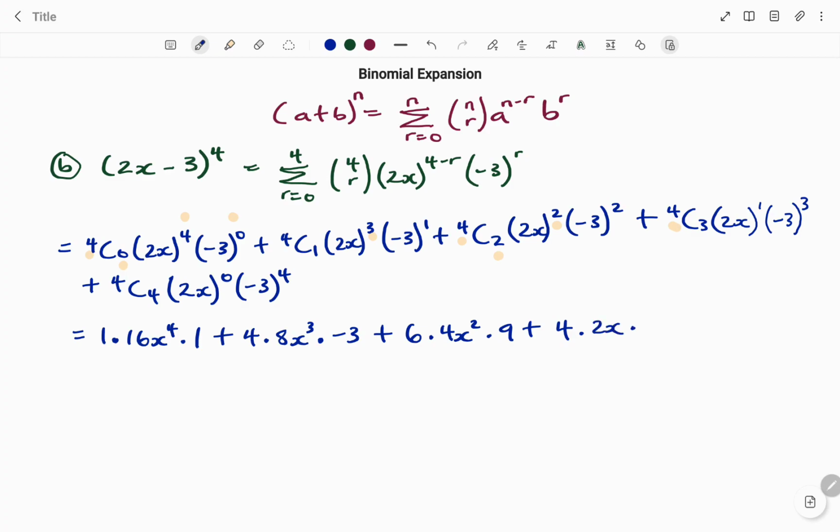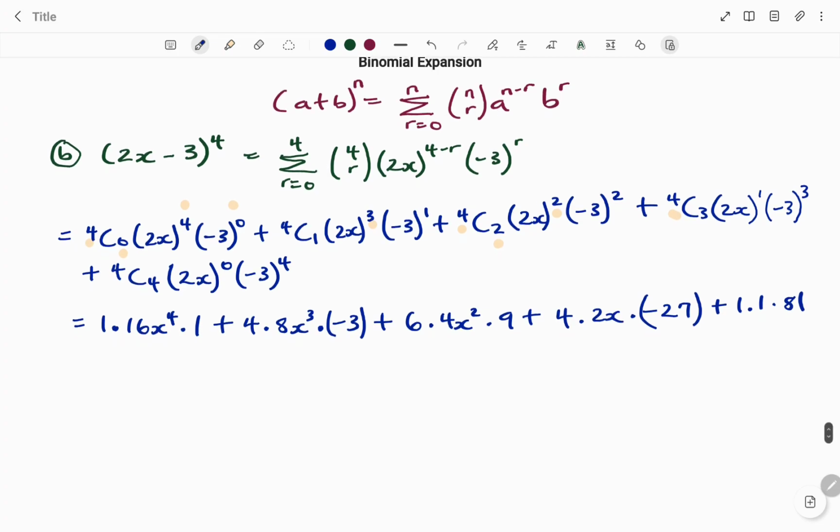Then I have that minus 3 raised to the power of 3 will give me negative 27. I'm going to put these two in a bracket because of the negative sign. Then I have plus 4 combination 4, that's 1, times 2x to the power of 0, that's 1, times negative 3 to the power of 4, positive 81.